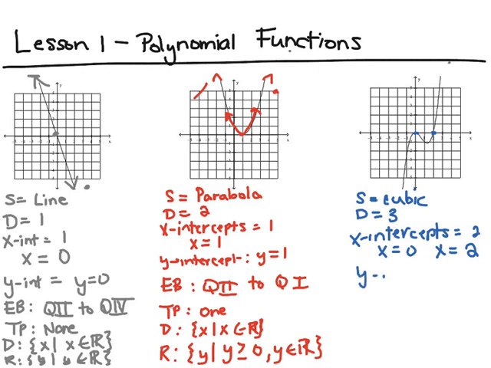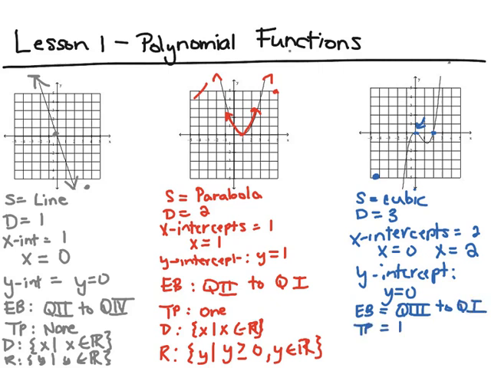The y-intercept, where it crosses the y-axis, is at y equals 0, right here. There are 2 turning points, and I skipped end behavior. So end behavior, we start here in quadrant 3, and we go to quadrant 1.